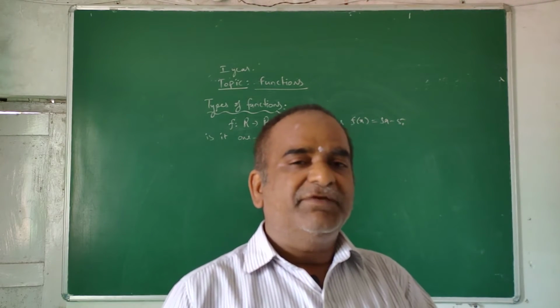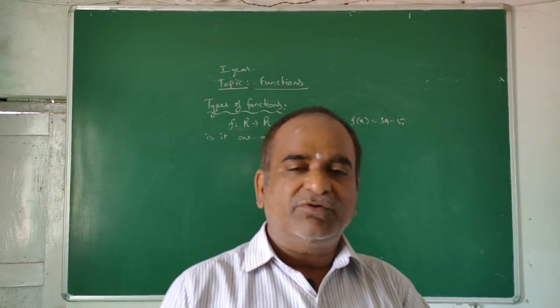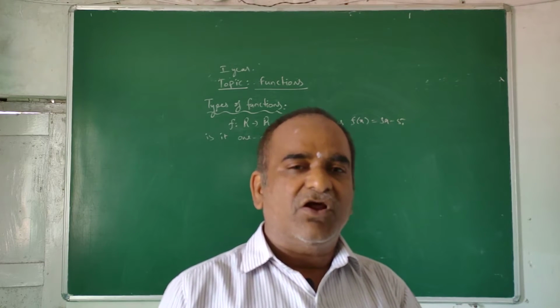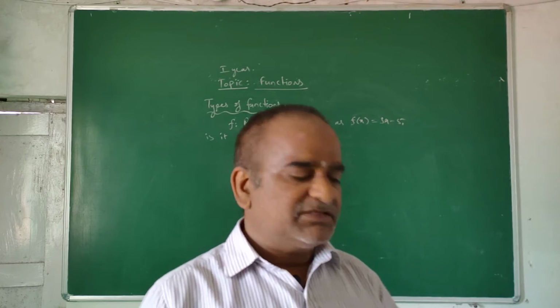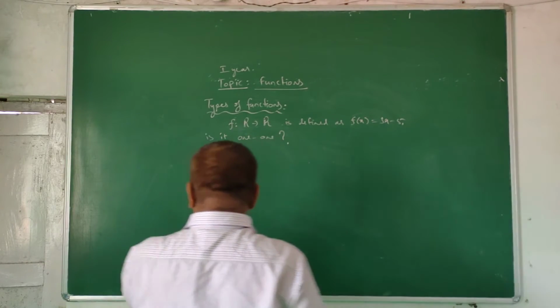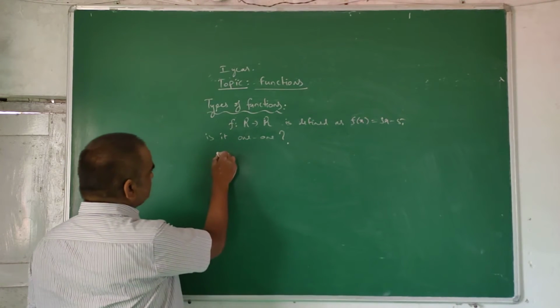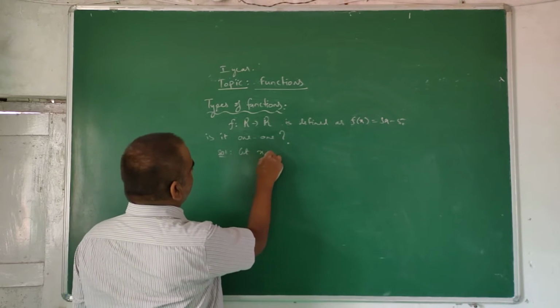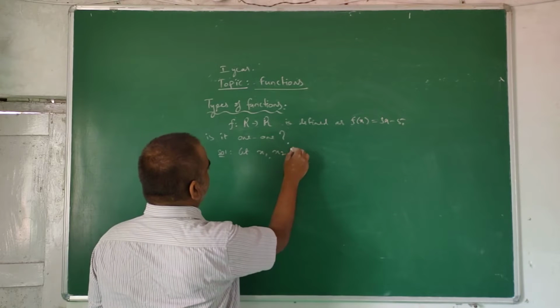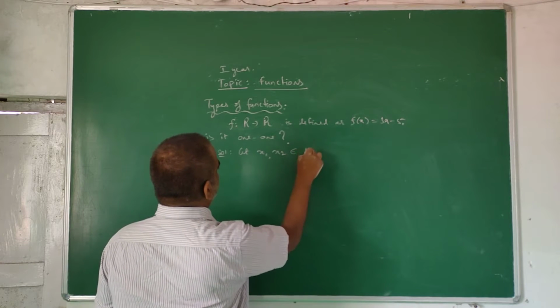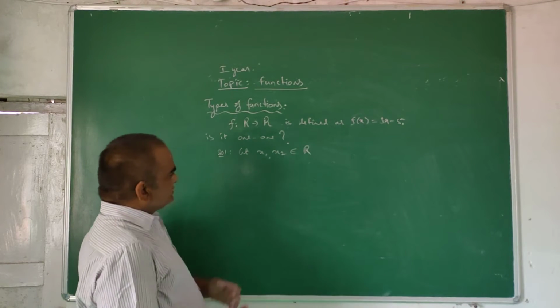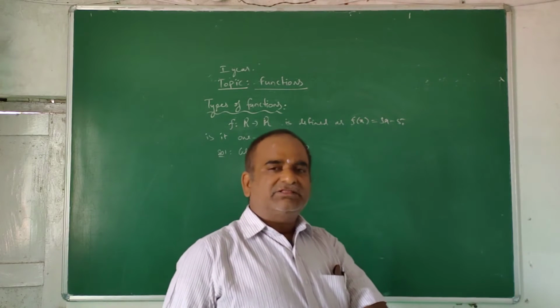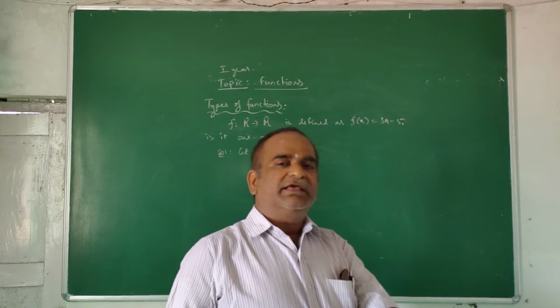So with respect to infinite functions, you have to prove whether it is one-one or not. For this, the best method is as follows. Solution: let us take some x1 and x2 arbitrary elements from set R, which is the domain.